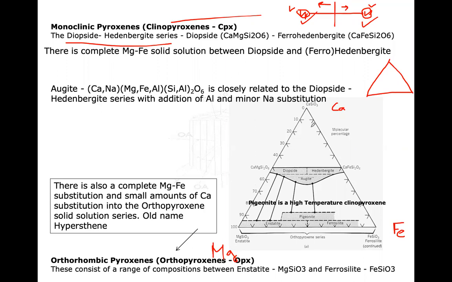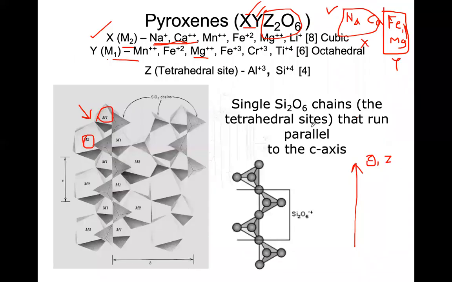Why we use triangular representation is mainly we have magnesium, iron, and calcium, which are replaced in these pyroxene structures. Basically we have calcium, iron, and magnesium. Even sodium is not that much, right?